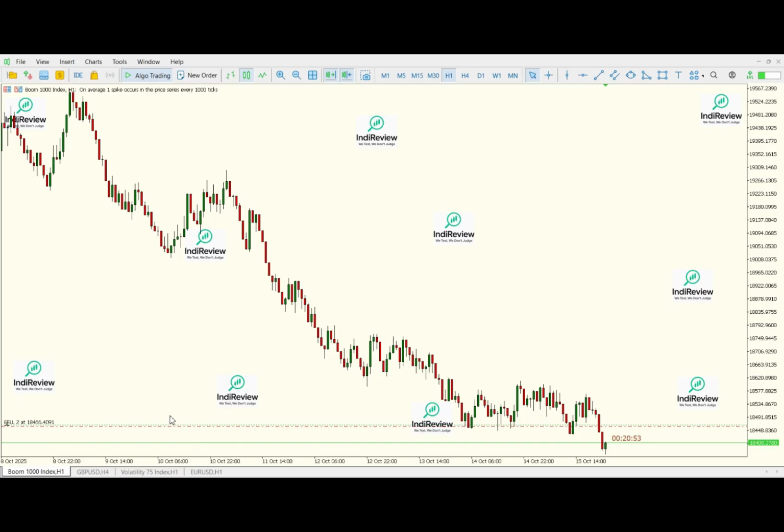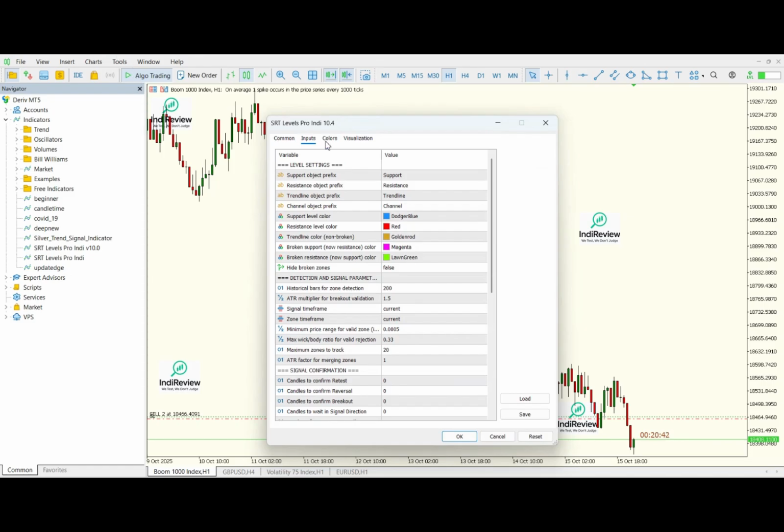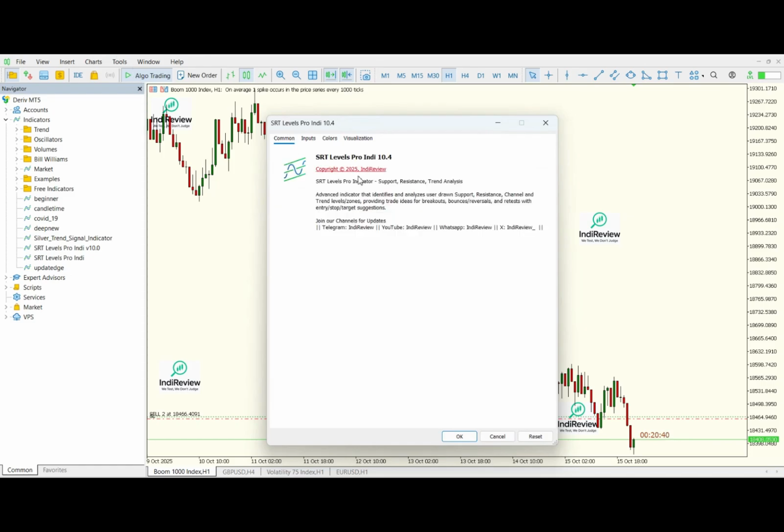So just going to add the indicator to the chart. So go to indicators, SRT indicator. This is the current version. So here it says that the indicator analyzes user drawn support resistance channel and trend.